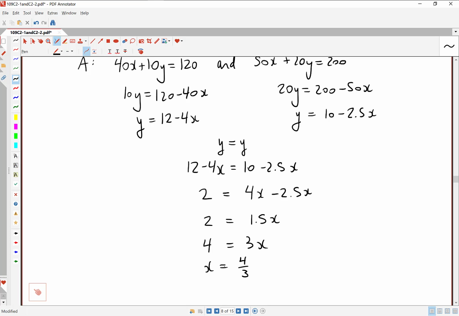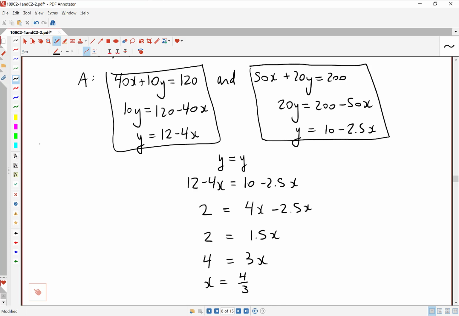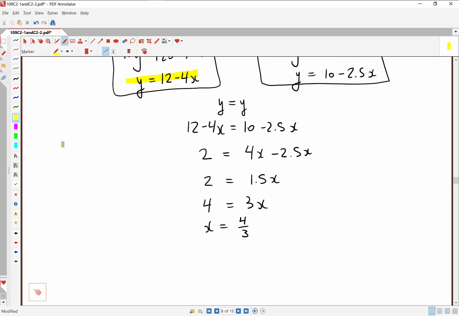So now let's plug back into either equation, whichever one we think will be easier to work with, and we'll get our y value. Looking back over our previous work, you can choose any of the equations over here or any of the equations over here. I think I'll pick this one. Doesn't matter which one you pick.